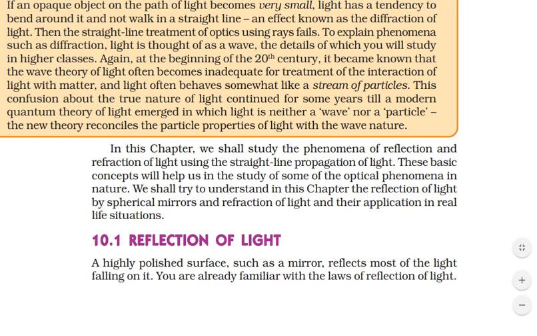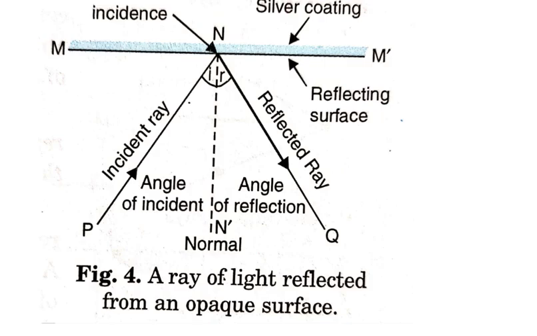To explain this, we can use a diagram also. Suppose a surface has a silver coating, and light falls on it. One incident ray is coming from the source of light, and it strikes the silver coating.